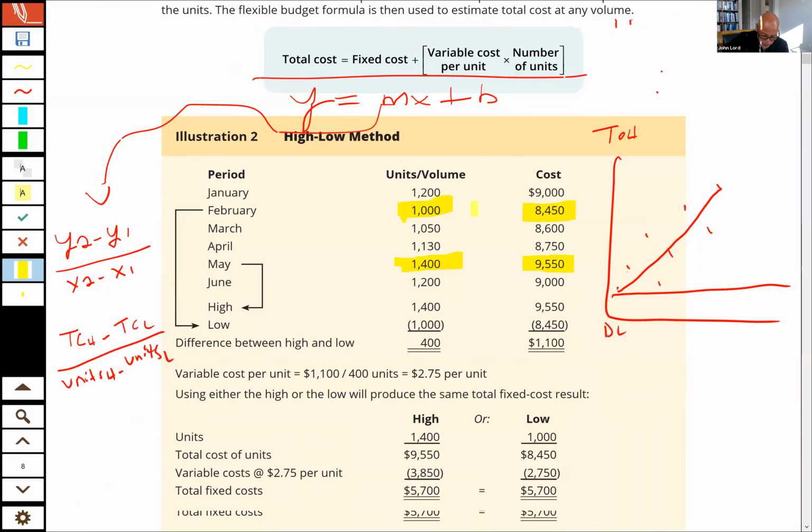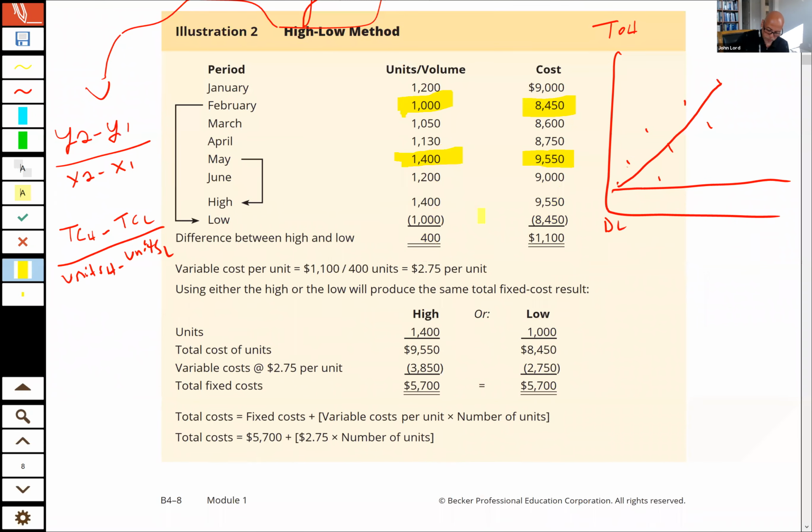Okay, so now when I pick those numbers up, I look at the total cost high minus the total cost low.